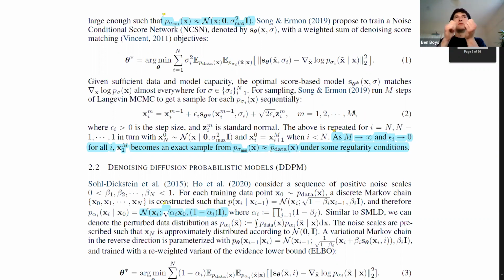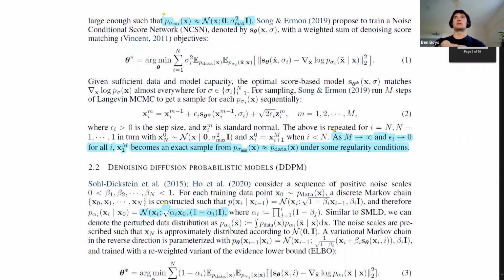There's the inner loop over M, the Langevin dynamics, and then the outer loop over the noise that you add. So at each step, you increasingly add more noise so that eventually the distribution at time step big T is sampled from the prior. And then the reverse of that is sampling from the data distribution at i is 0, at T equals 0.